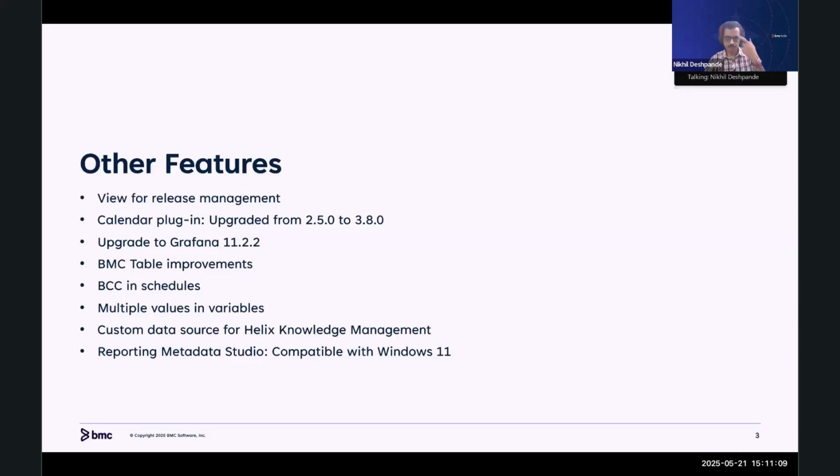BMC table improvements. BMC table is a plugin that BMC has delivered to make it easier for our customers. We have basically developed features based on the needs of BMC's customers. And one of the feedback that we got was that there's a lot of cell padding in BMC table.